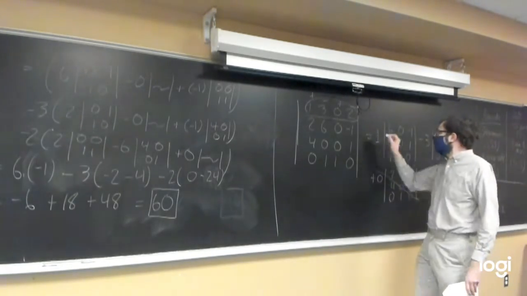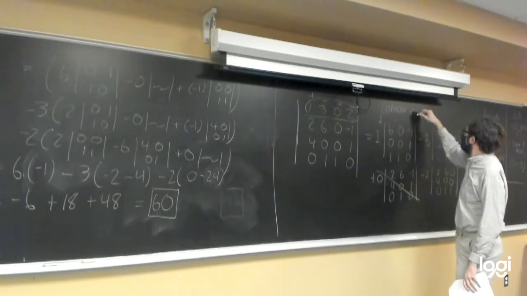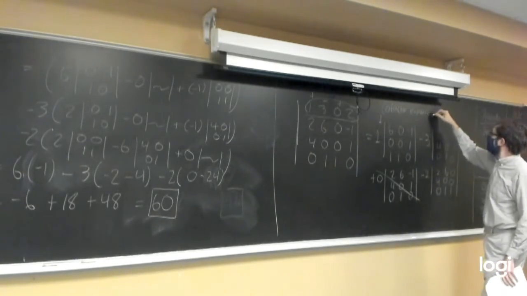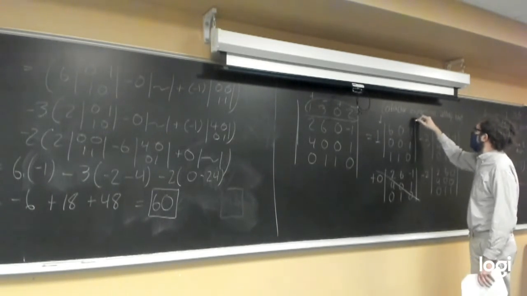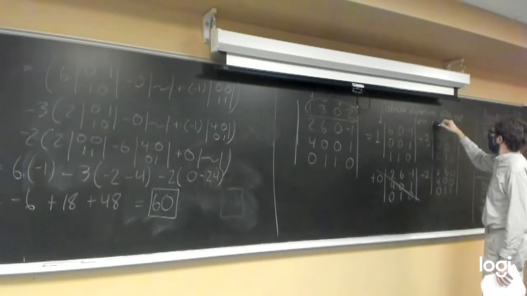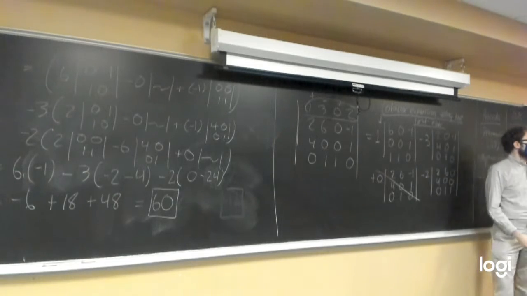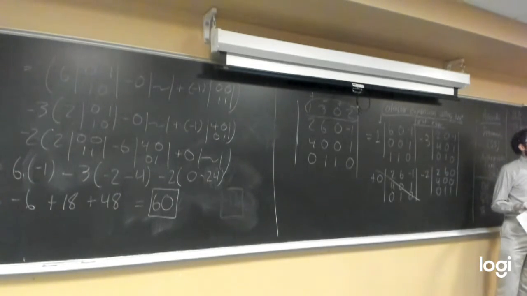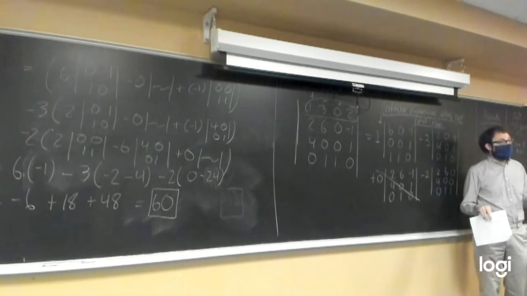This process, by the way, is called cofactor expansion, along the top, first row. But it turns out you don't need to do this along the first row of your matrix. We could do this instead by traveling down a different row of the matrix or a column of the matrix.